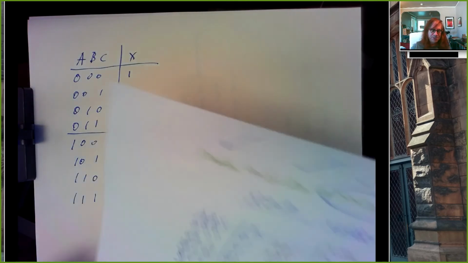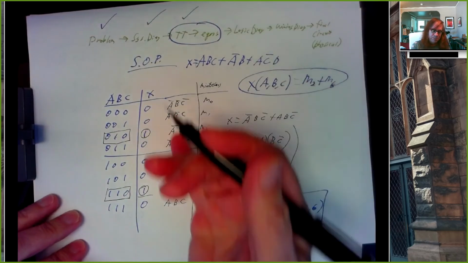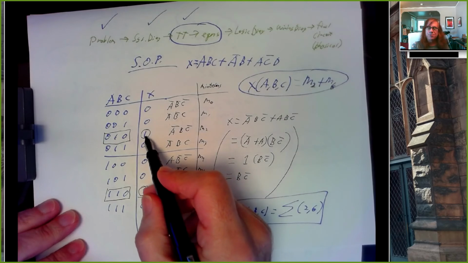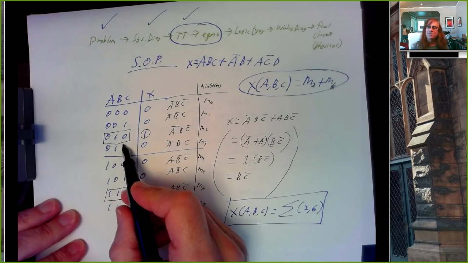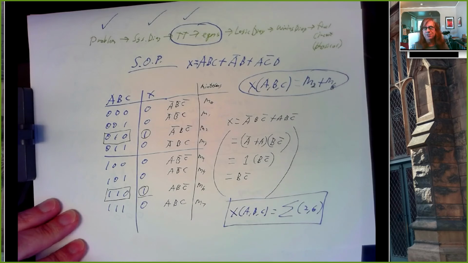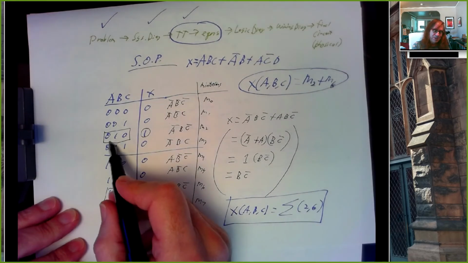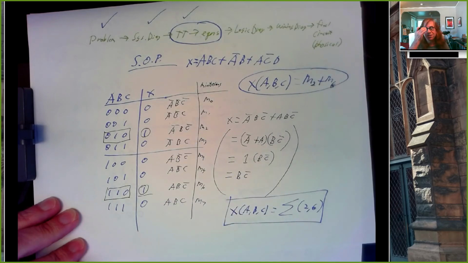Now the way that we do this in 120, the way we did this last week and today, we basically said, let's look at all the places where our output is a 1. And let's write an expression which will be true for that combination of inputs. And then let's OR those expressions together. So that if you happen to be in this row, this term will be equal to 1. And when I OR it with the other terms, I'll be guaranteed to get a 1.